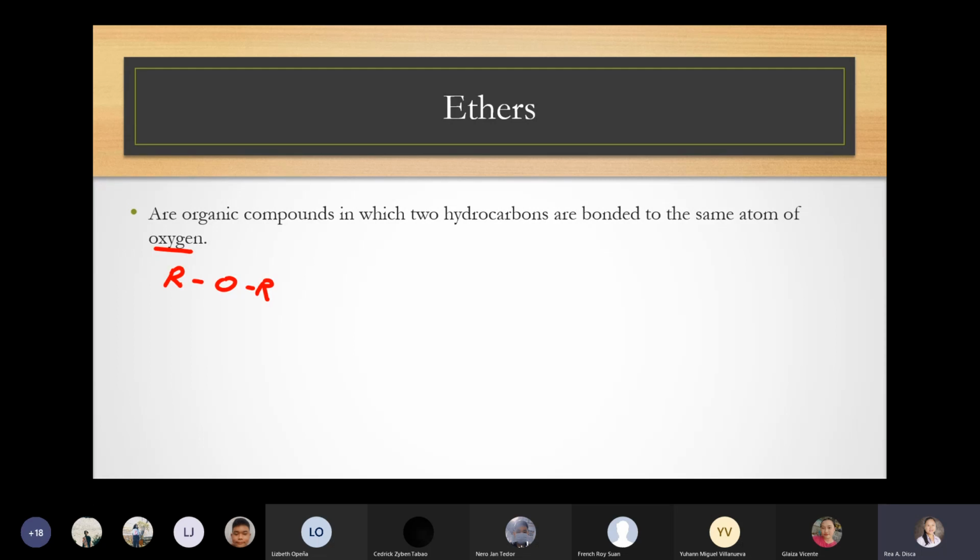So, simple ethers that contain similar R groups are named by identifying the organic groups, or the R groups natin, then adding the word ether. Okay, so for example, ito.